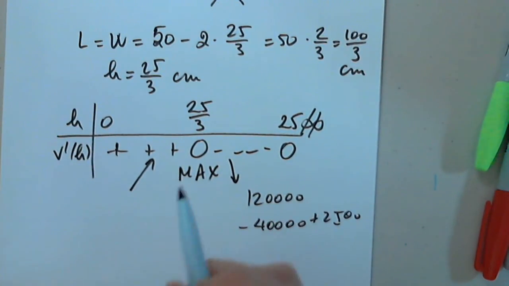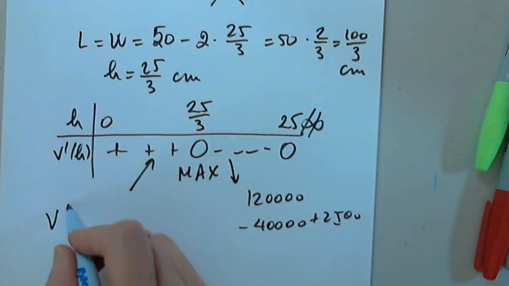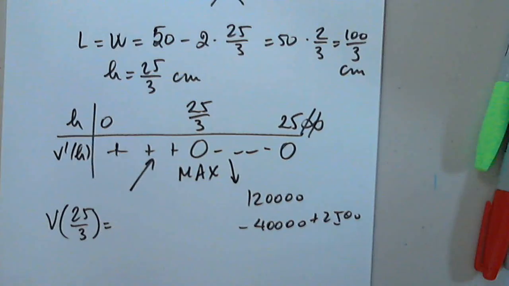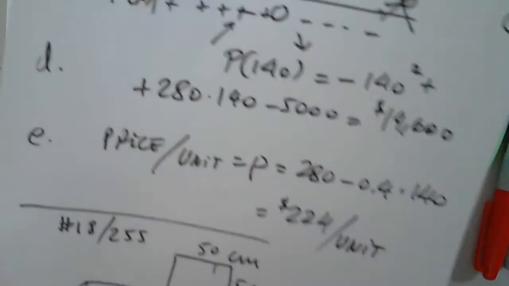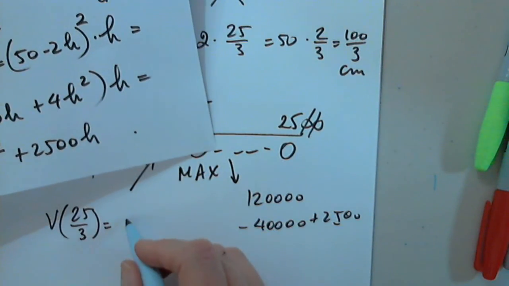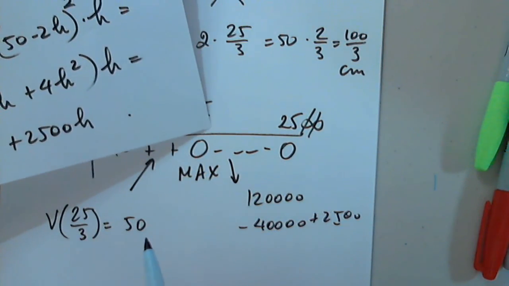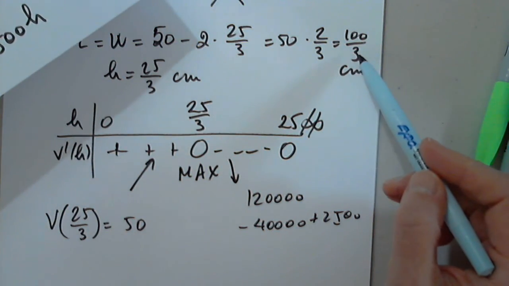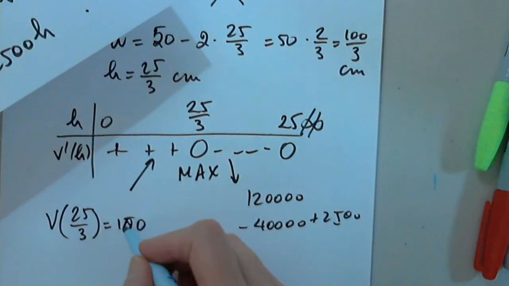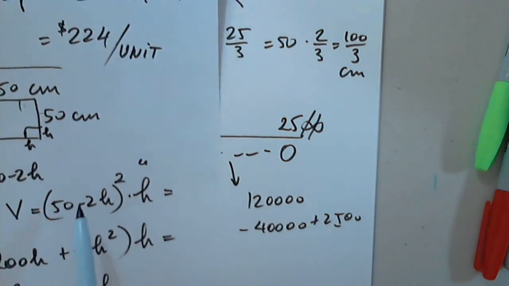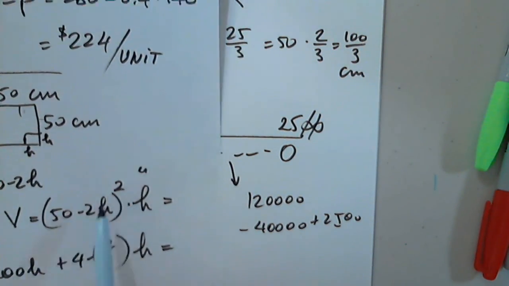And if I am asked to determine the volume that is maximum, I have to plug in 25 over 3. And where was my function? Oh, so here's the function. I already have determined the length and the width, so that's even better. So 100 divided by 3, squared. So this is the length and the width, right?